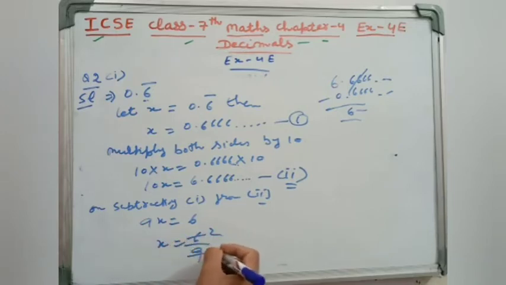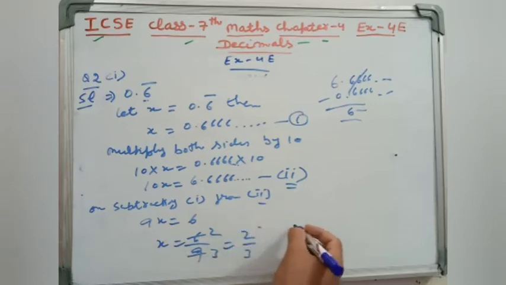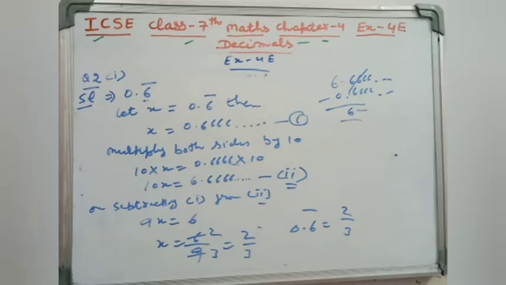Dividing by 3, 3 2s are 6, 3 3s are 9. Our answer is 2 by 3. So 0.6 bar is equal to 2 by 3. This is our answer for part first.